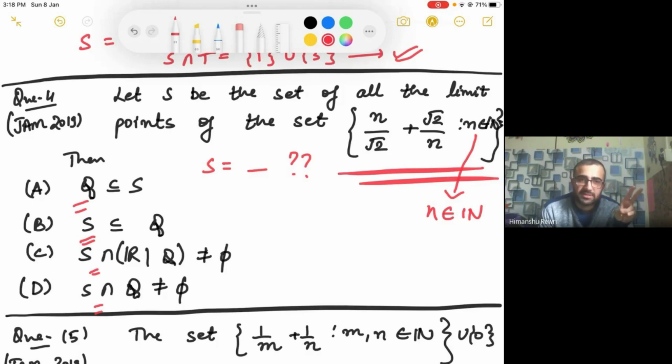So two answers so far, B and C. I have said that this set n divided by root 2 plus root 2 divided by n is a countable set. So that means that B may be true.